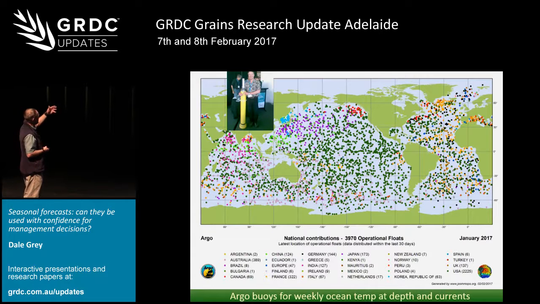So since the advent of these, we've had unprecedented information about the ocean to depth and ocean currents. The green ones are all the US ones, and the pink ones are all the Australian ones. We're the second biggest hitter in terms of these Argo buoys around the world because the ocean plays a really massive part in climate around Australia.